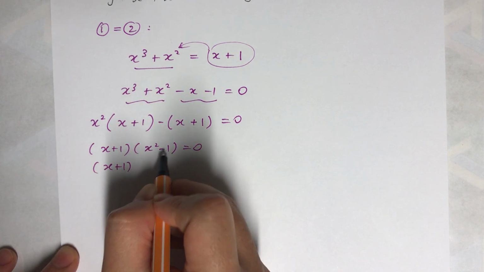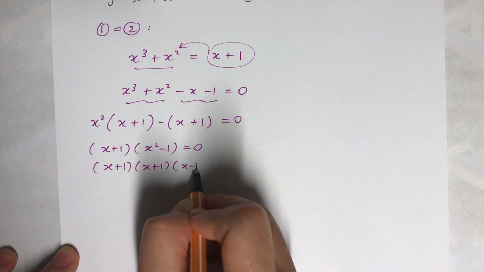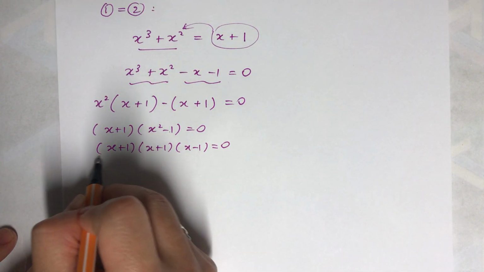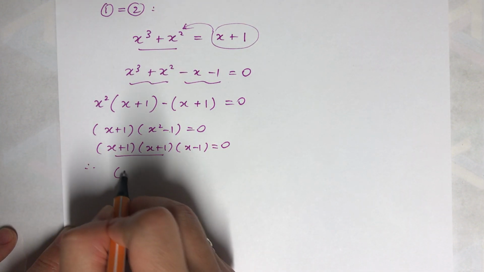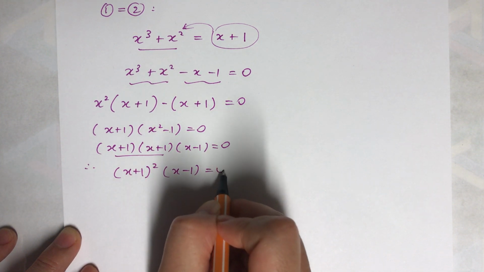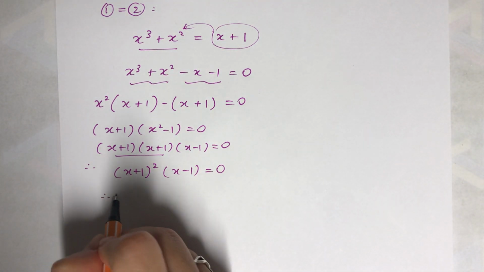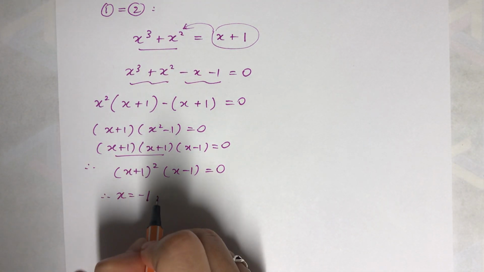And I can expand this one because it's a difference of 2 squares. x minus 1, and I can put it together, squared x minus 1 equals 0. So that means x equals minus 1 or 1.